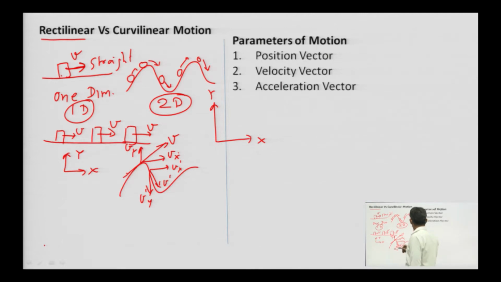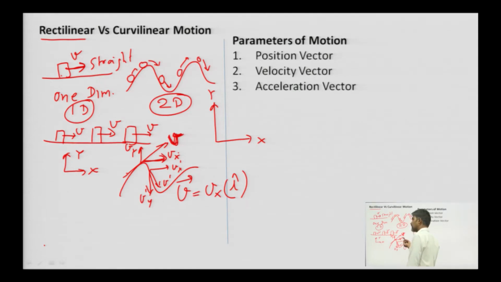Now, if we want to represent this velocity v in vector form, it can be represented by Vx, the magnitude of the component of this velocity vector along the horizontal axis, multiplied by the unit vector along the horizontal axis.